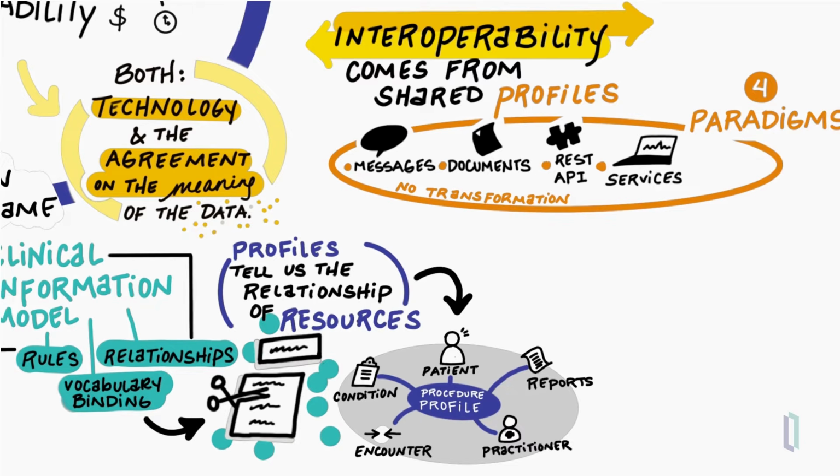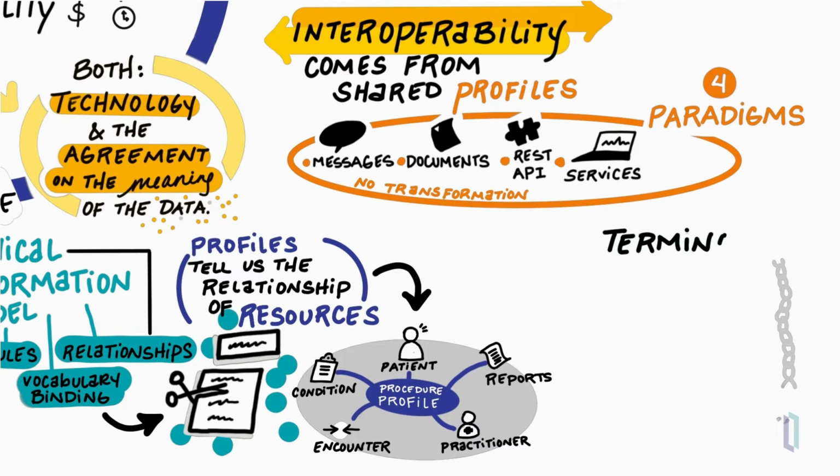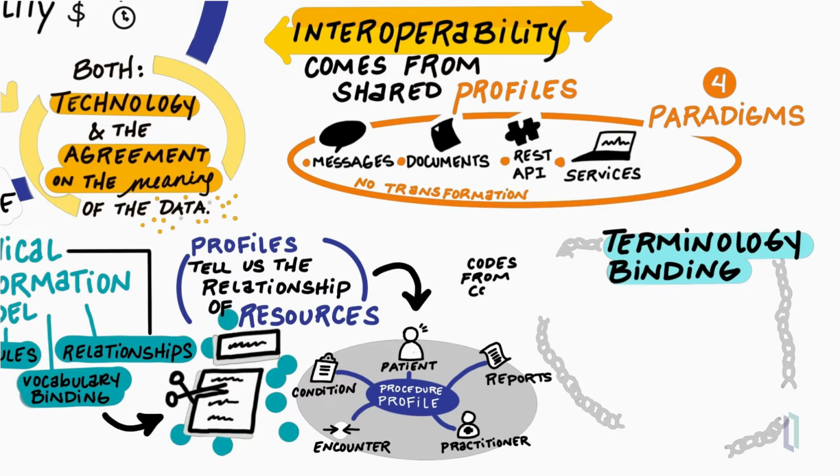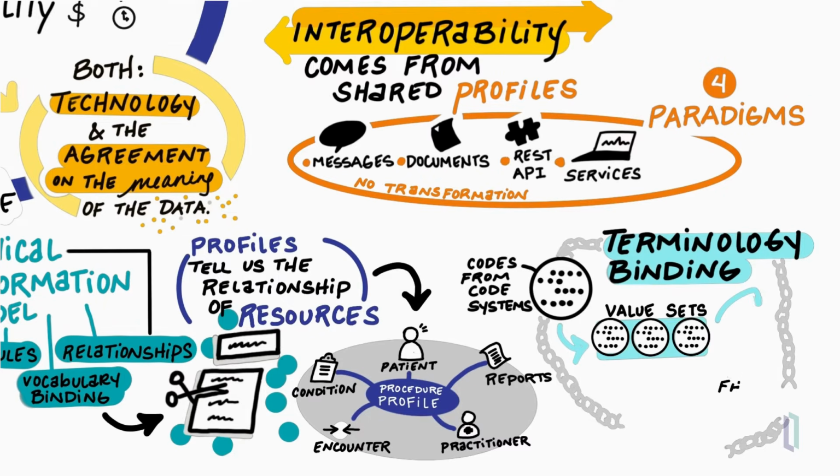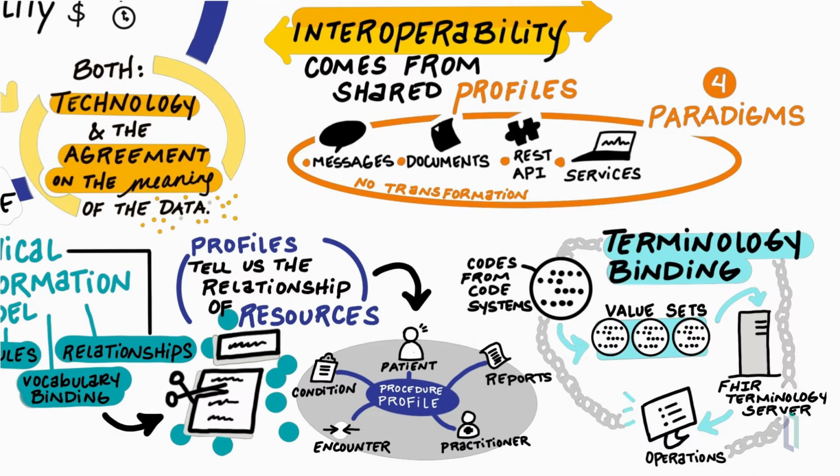Now, one of the things that is different about FHIR and makes it so powerful is that included in the FHIR specification are the concepts of a FHIR terminology server. So a terminology server that stores all of the value sets and the code systems and can manipulate those codes and value sets for the purpose of a particular use case are all stored on a FHIR terminology server, accessible by the same mechanisms that we access data in FHIR.